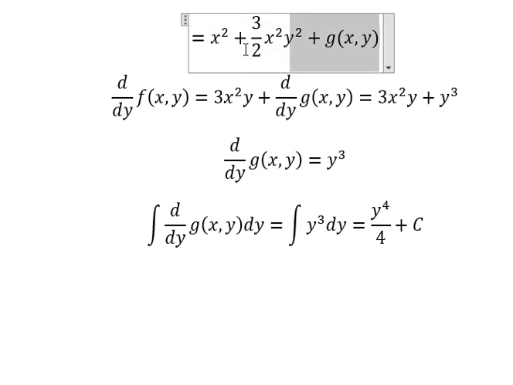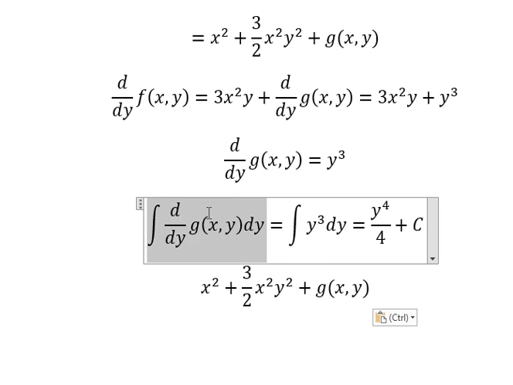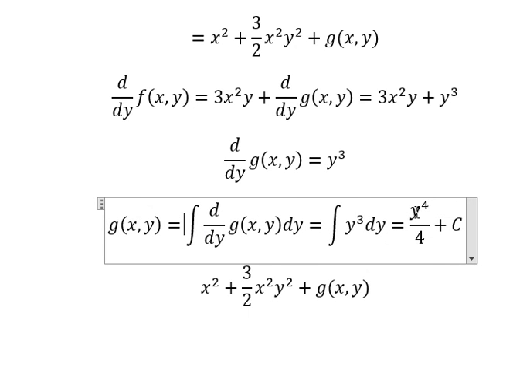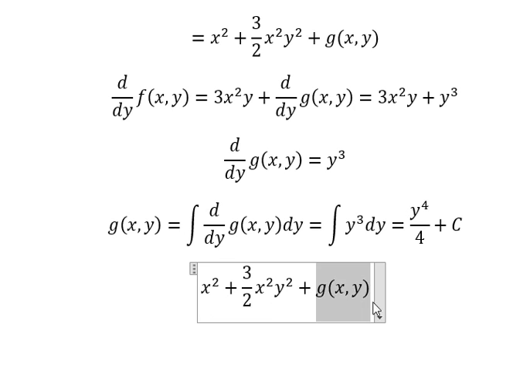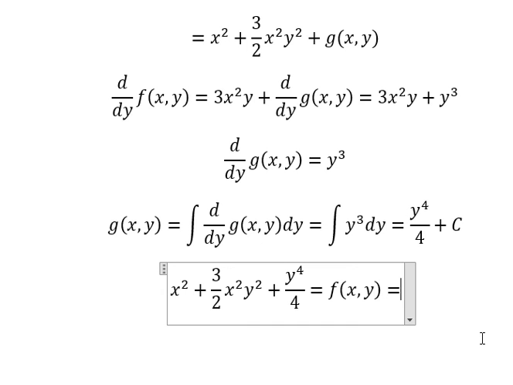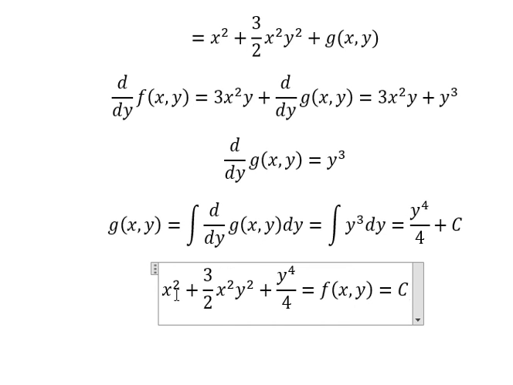So we have this one. The integration of this one, we have 3xy. 3xy equals to this one. And we know that this one equals to f(x,y). f(x,y) equals to c. And now we have the final answer.